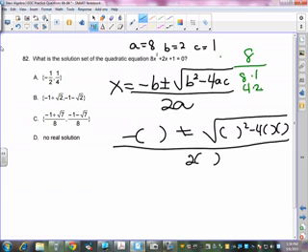I know that because when I have a quadratic equation of the form ax squared plus bx plus c equals 0, a is always the coefficient in front of the x squared, b is always the coefficient of x, c is the constant, the number that does not have an x with it. So we're going to plug in our stuff now. Everywhere we see an a, we plug in 8. Everywhere we see a b, we're going to plug in 2.